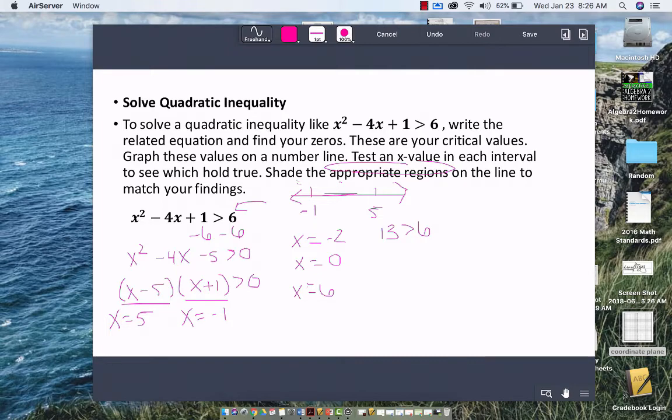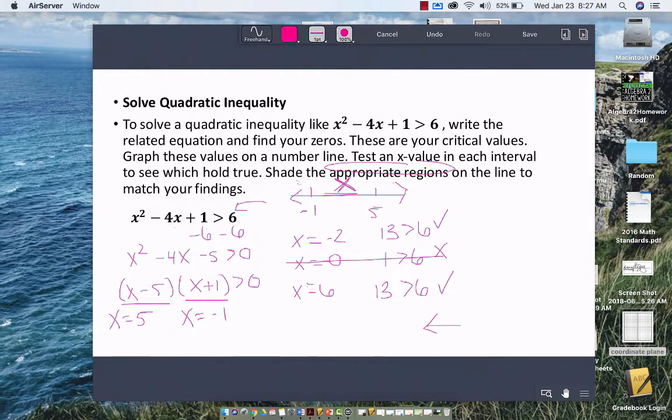If I plug in 0 for that same thing, so 0 squared minus 4 times 0 plus 1, I get that 1 is greater than 6. And if I repeat that same process with 6, I get that 13 is greater than 6. So this one holds true, as does our last situation, but this one does not. So 0 is not in our interval. So right here is not a proper situation.